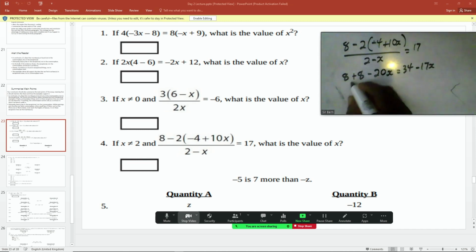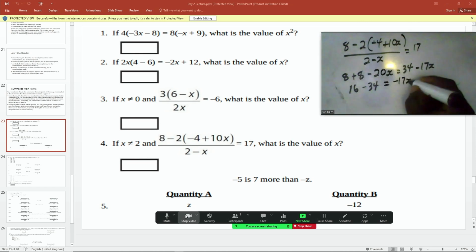So we'll get 8 plus 8, 16. 16 minus 34 is equal to minus 17x plus 20x. So we get minus 18 is equal to 3x. Dividing through by 3, x is equal to minus 6. Question 4, so you write that in the box that is given.